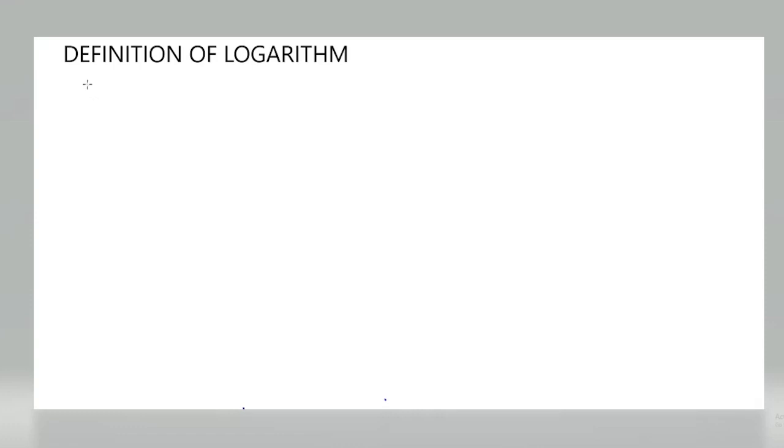Now example number 4. Given logarithm of 2 base 4 is equal to a half. Write this one into exponential form.